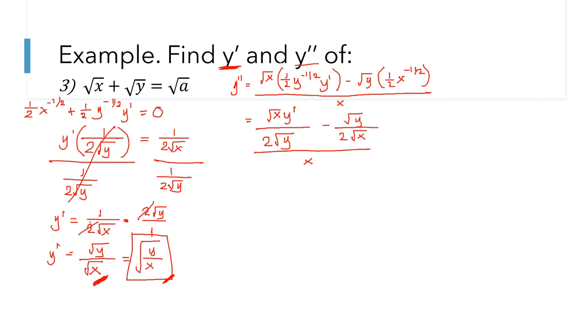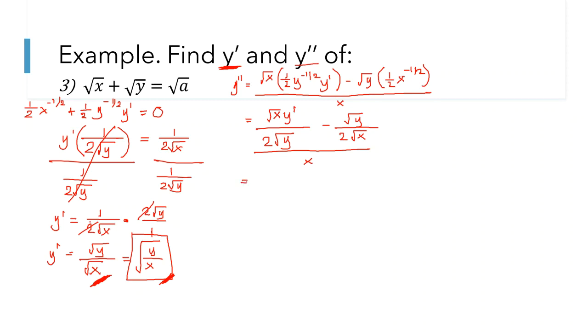Now afterwards, as we know, we still have y prime here, and we know that the value of our y prime is either this or this. So we have to substitute the value of our y prime so that we can remove the symbol y prime here.